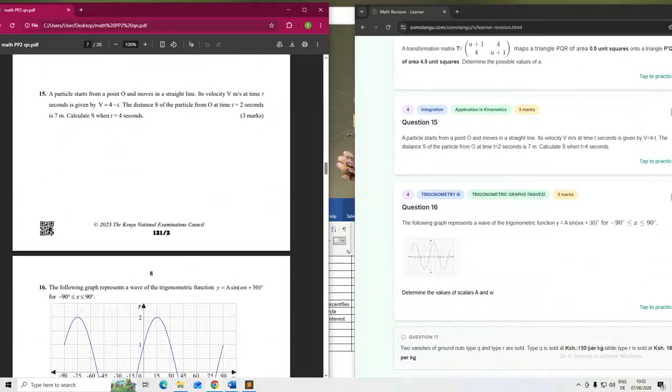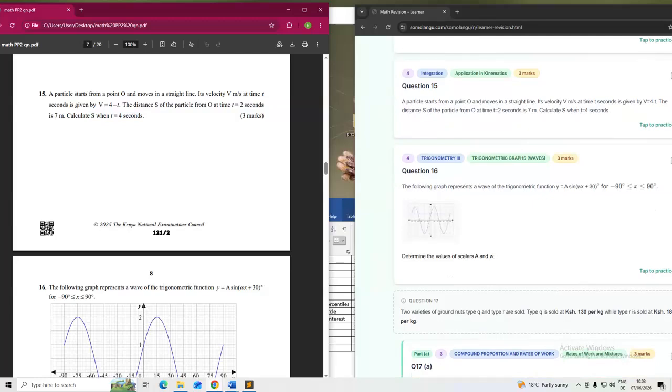We're told a particle starts from a point O and moves in a straight line. We're given its velocity, v, at time t seconds, using this equation. The distance s of the particle from O at time t equals 2 seconds is 7 meters. Calculate s when t is 4 seconds.